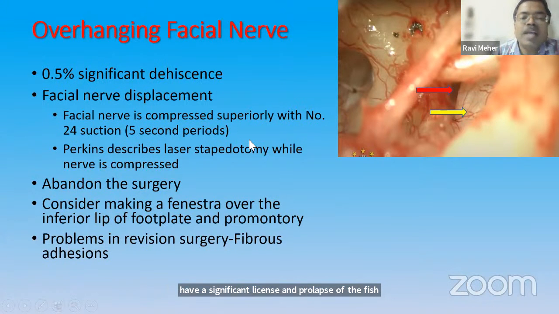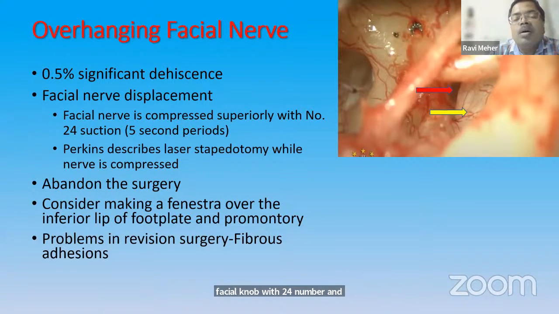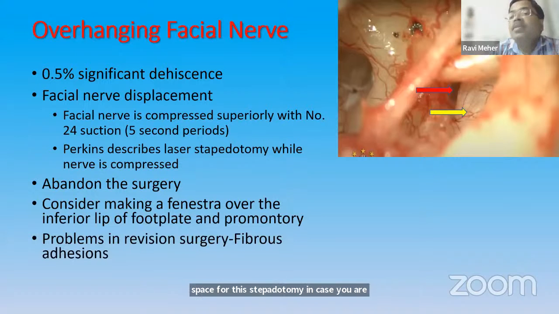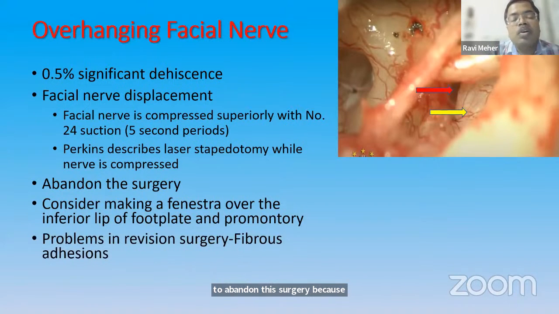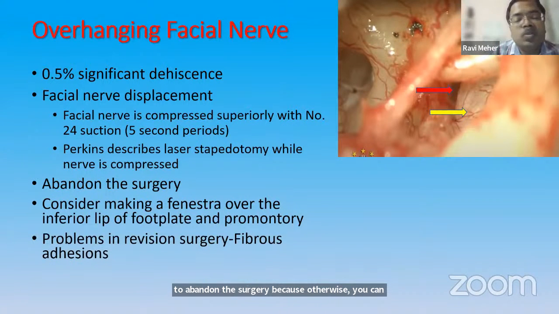So what you can do is compress the facial nerve with a number 24 suction and try to make a small space for the stapedotomy. In case you are not able to do that, you have to abandon the surgery, because otherwise you can damage the facial nerve if you continue. So abandoning the surgery is also one of the options.